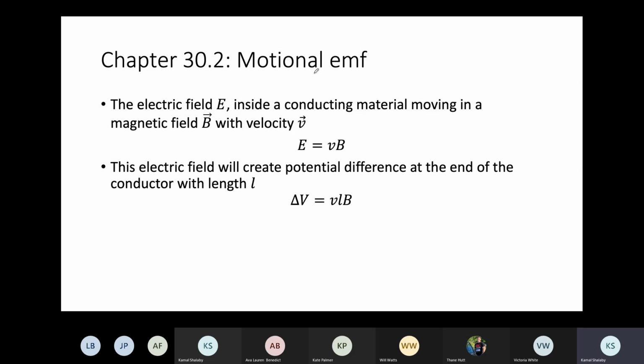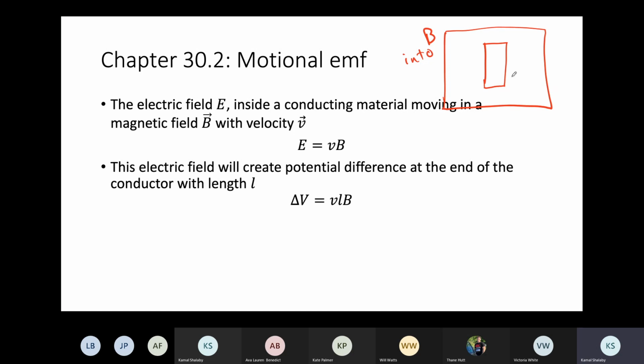Okay, now we move on to motional EMF, and EMF means electromotive force. If you have a conducting material moving in a magnetic field B with a velocity V, let's say we have some material here, and the magnetic field B is all of this, and is into the page.